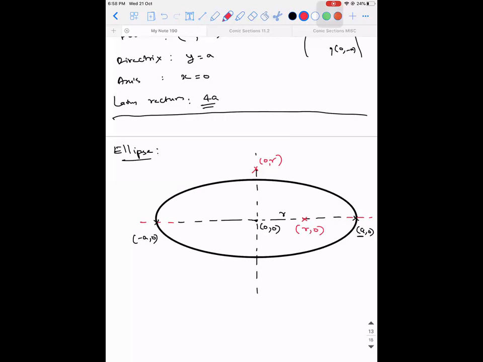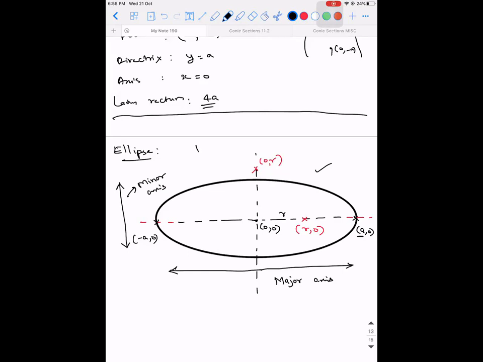Right. Now, what has happened is the shape itself has changed in such a way that you have a different length along x-axis, which is called the major axis, and you have a different length along y-axis, which is called the minor axis. That is, if you take a circle and compress it on the top and the bottom, you will get a shape like this.